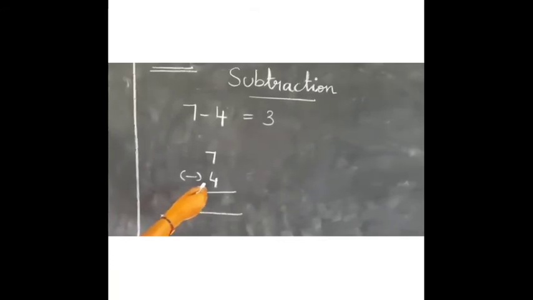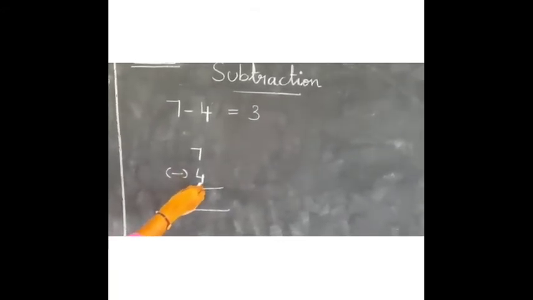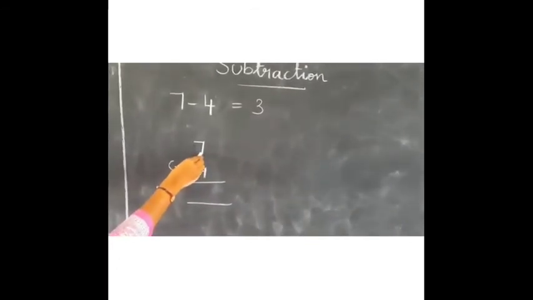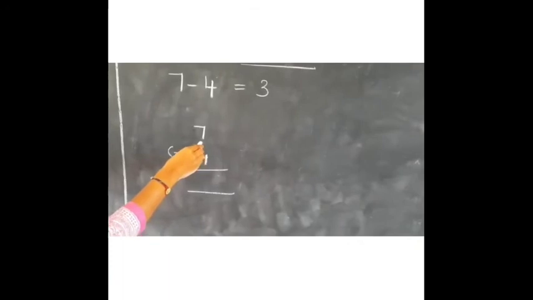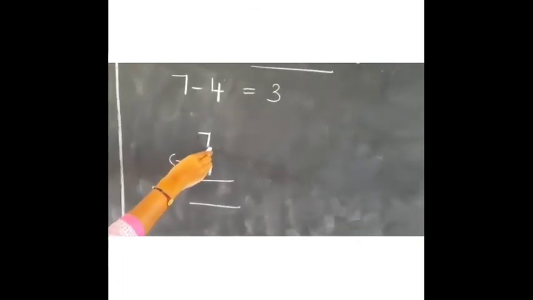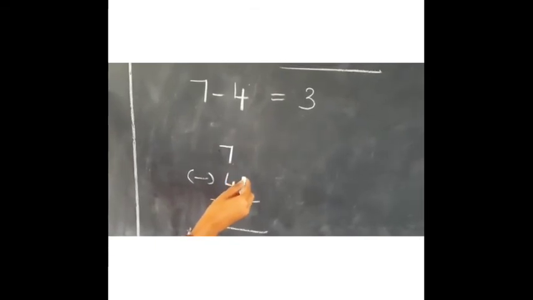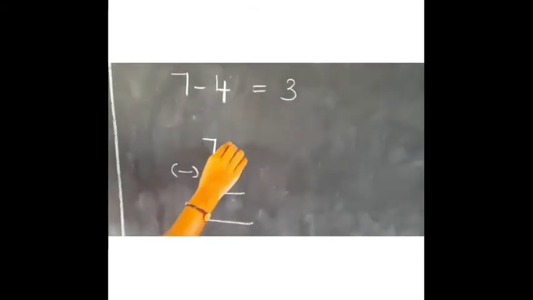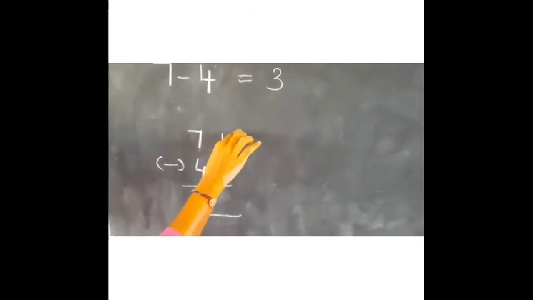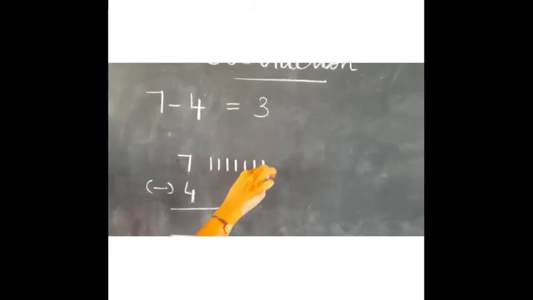Children, here which is the bigger number? 7 or 4? Yes, 7 is the bigger number. Children, always remember we have to write the bigger number on the top. Children, now let us draw 7 lines next to number 7. 1, 2, 3, 4, 5, 6, 7.